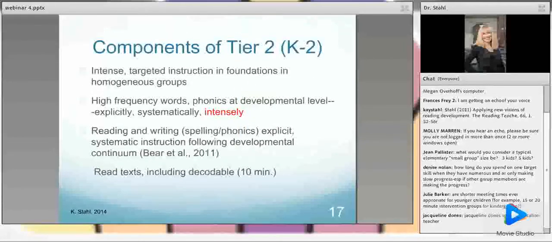The components of Tier 2 in grades kindergarten through second grade should include intense targeted instruction in the foundations within homogeneous groups. It should contain intense, explicit, and systematic instruction of phonics and also high-frequency words.